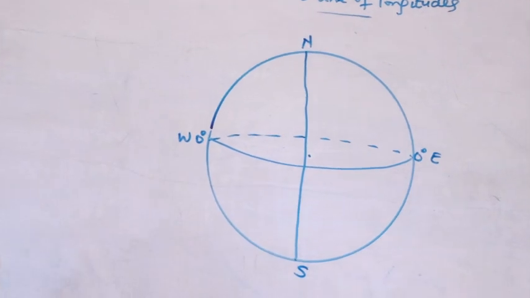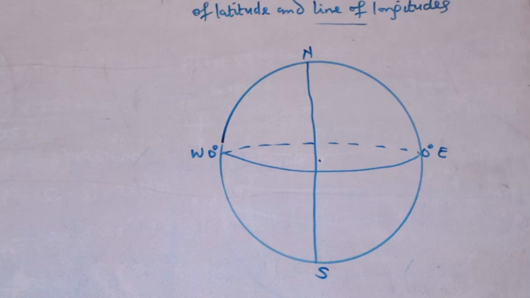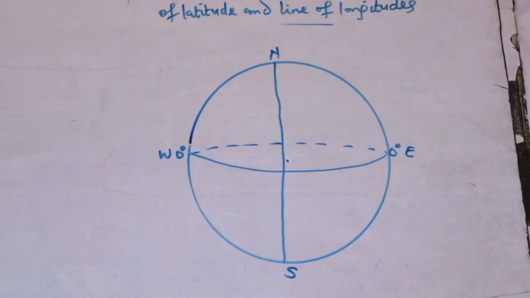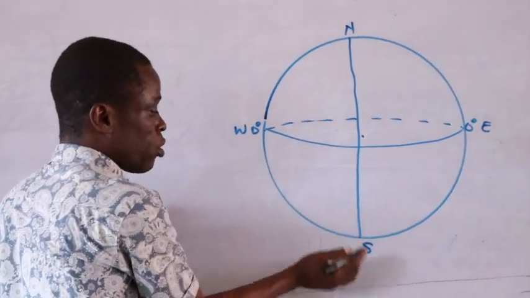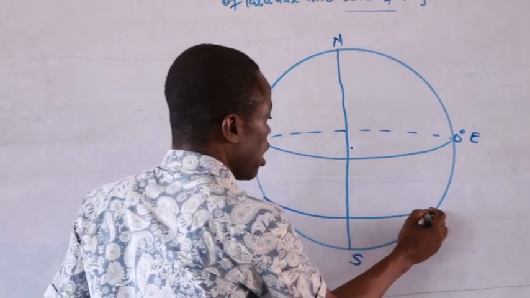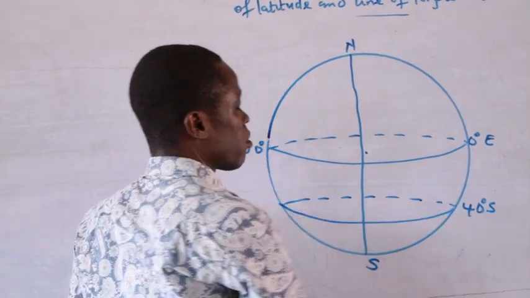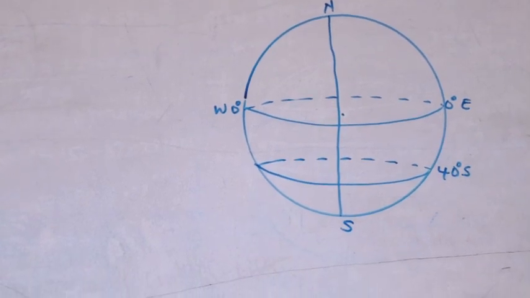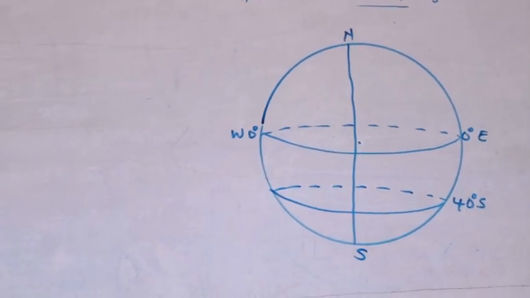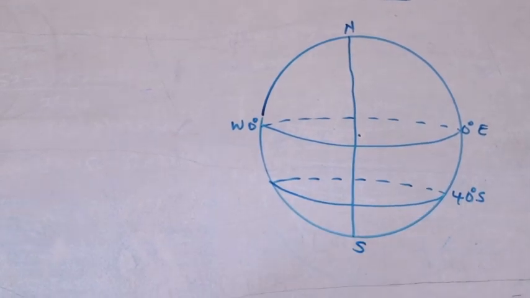Now from the question, the two points P and Q on latitude 40 degrees south are on longitude 15 degrees west and 45 degrees west. We have 40 degrees south here.